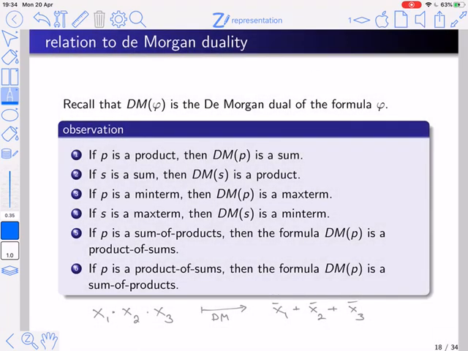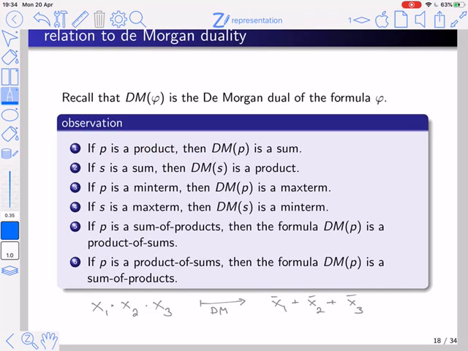Now, recall that dm of phi is the DeMorgan dual of the formula phi. So notice that if P is a product, then the DeMorgan dual of P is a sum, yes? Look at this case, what I drew over here. x1 and x2 and x3, this is a product. I apply the DeMorgan dual, the x1 becomes a negation of x1, the and becomes an or, the x2 becomes negation of x2, and so on.